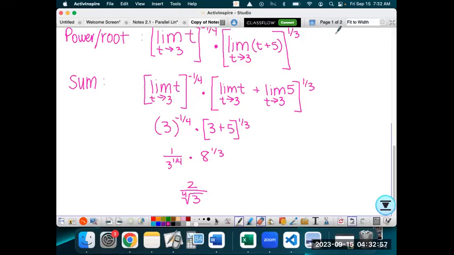Now, if you do rationalize, just keep in mind that this is a fourth root, so you would have to multiply by an additional 3 square root of 3's. That way you can actually cancel out the fourth root, top and bottom, but I'm not going to rationalize because this wasn't even part of the question in the first place. All right, let's move on to the next example.